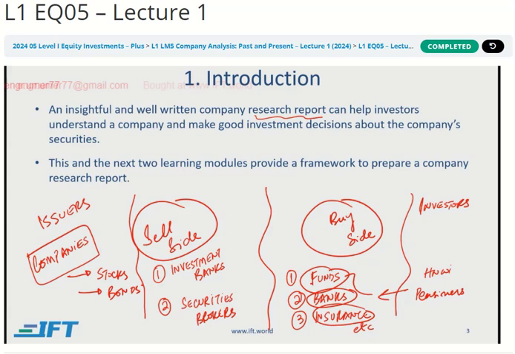So research is happening on both sides. You'll have a research analyst working on the buy side, and you'll have a research analyst working on the sell side as well. But because here we'll be talking about reports, preparing reports, issuing reports with the perspective of trying to promote securities, our focus is more on the sell side, right?